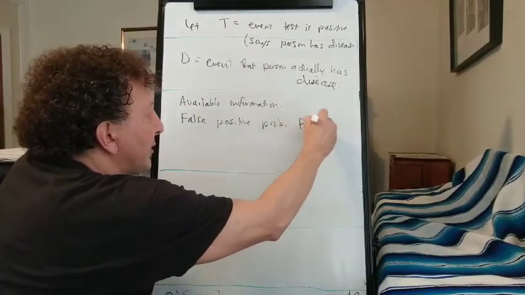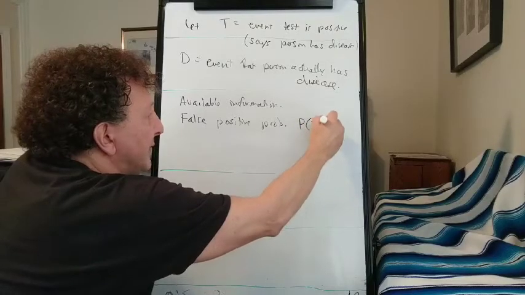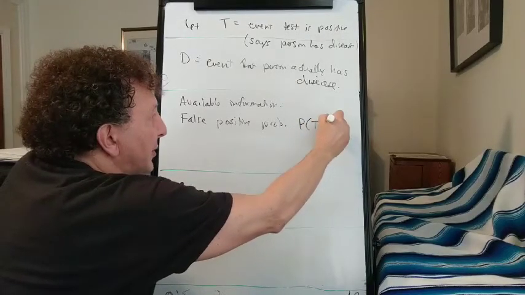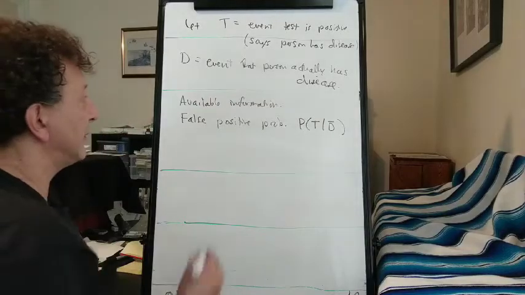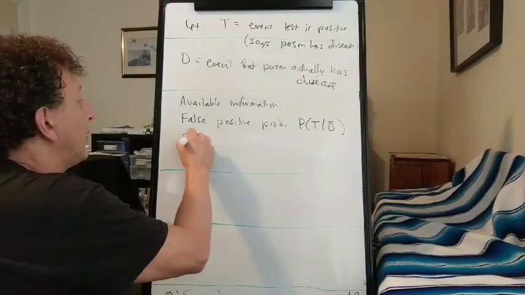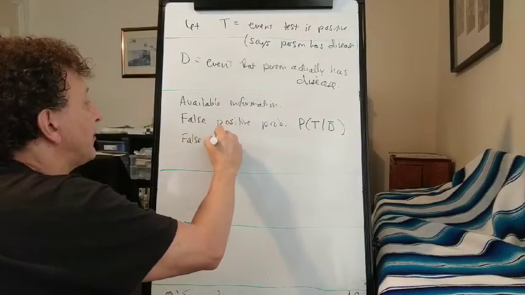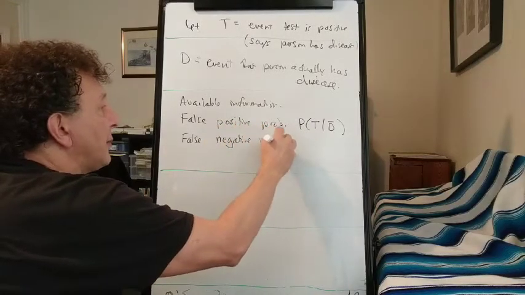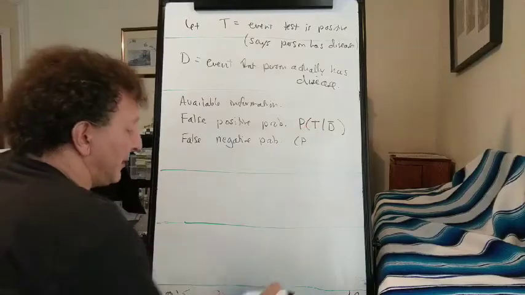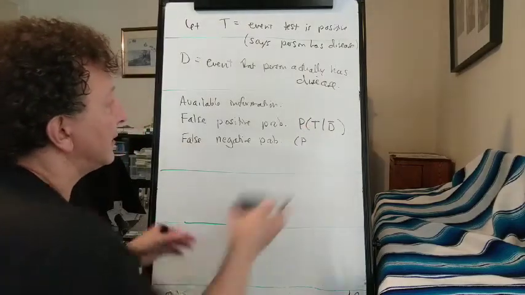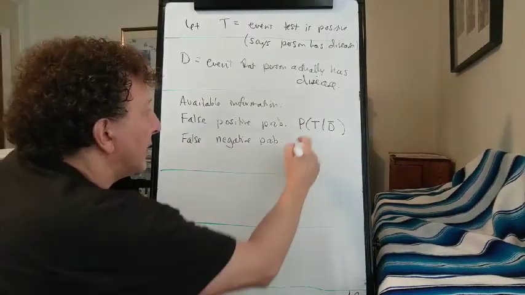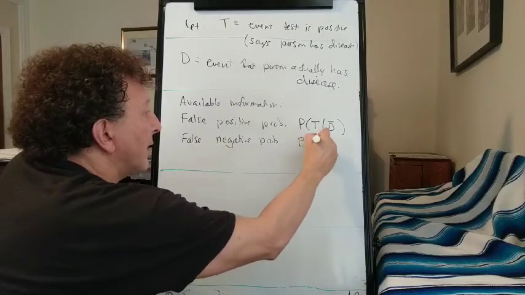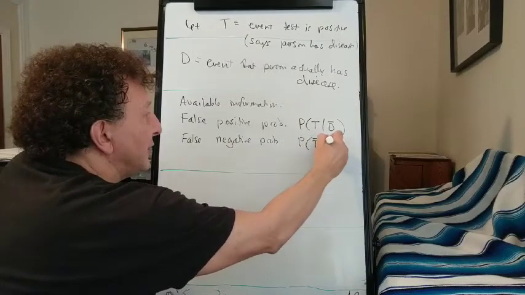That is the probability that the test is positive given that a person does not have the disease. And also available is probably the false negative probability. The probability that the test says a person does not have the disease when they actually do.